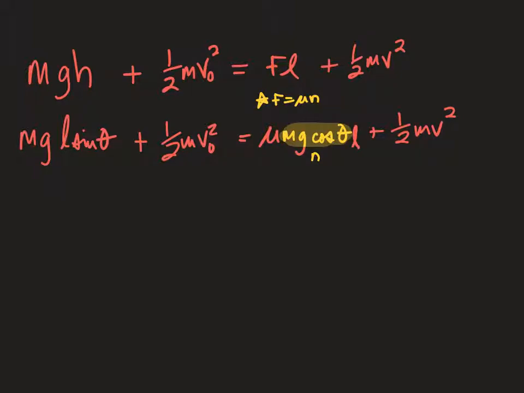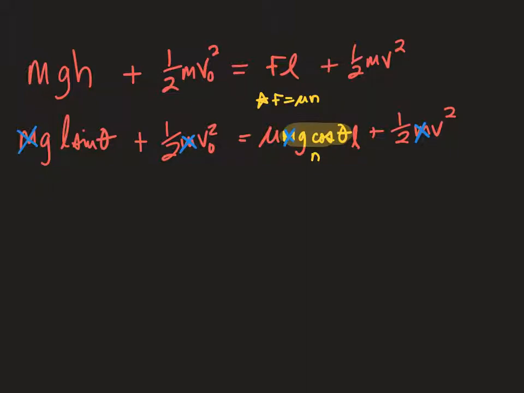Now, first, we should just note that mass is common to every term. So I don't need to even bother with the mass, which is great because we weren't given the mass of the skier. Because the mass of the skier isn't going to matter.